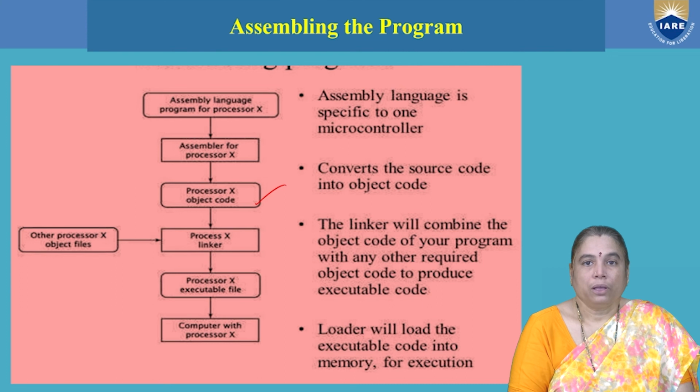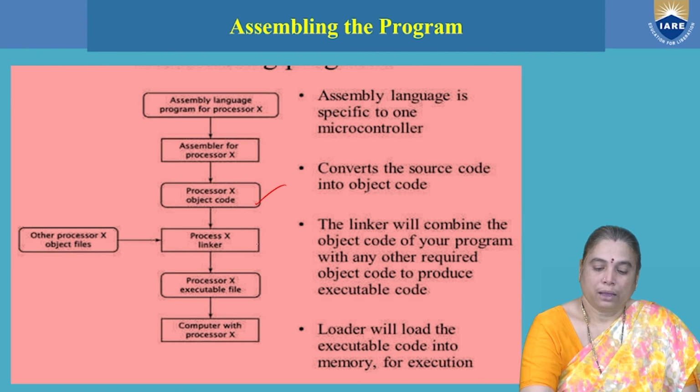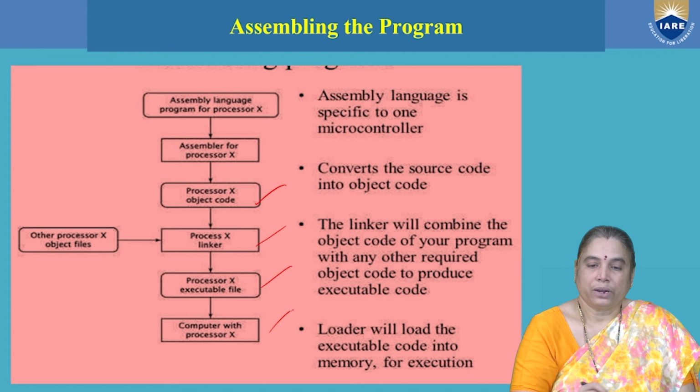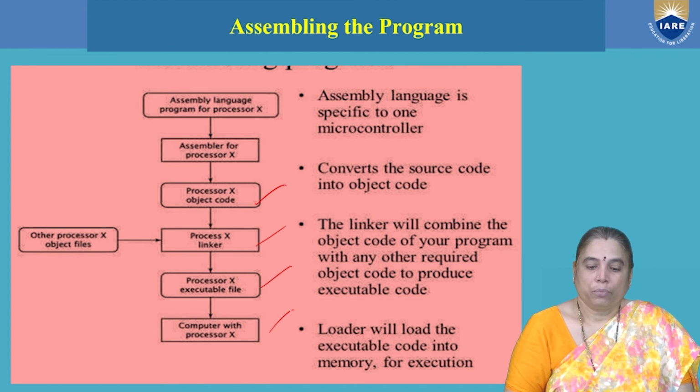For example, if you have written a code first.c in the C language, after compilation it has to be converted into first.obj, the object code. For this object code, the linker links some header files, and the loader prepares the memory, so that this object code is converted into the executable program first.exe.